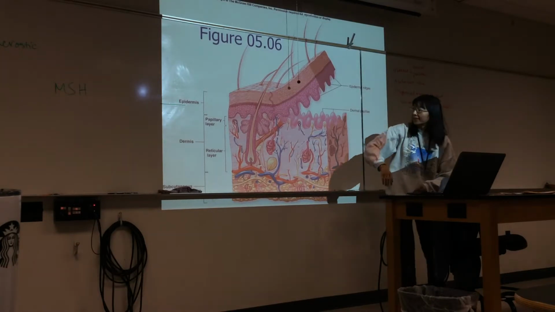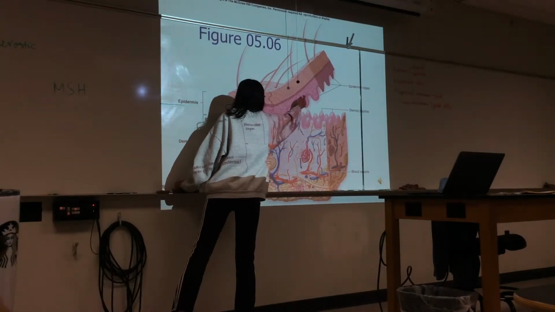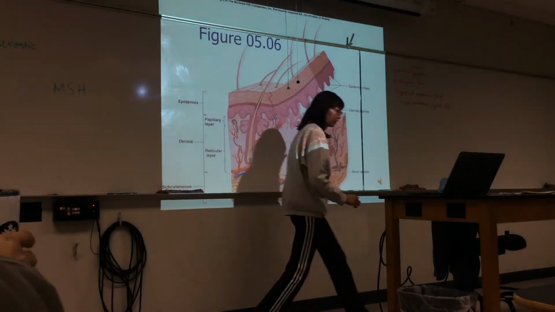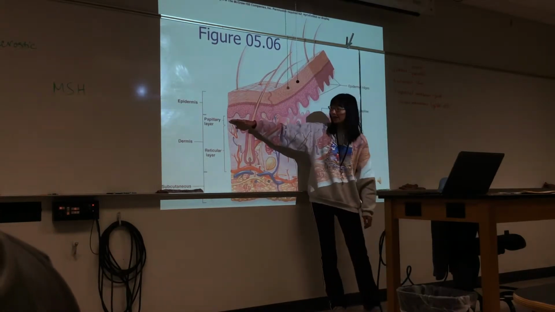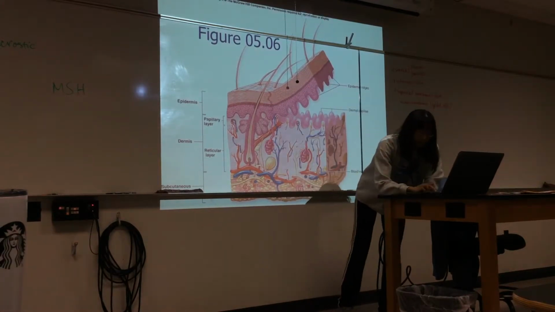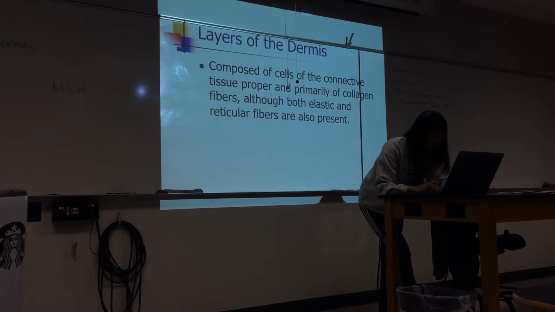That's why stratified squamous epithelium always have these funny up and down look. And remember, dermis has two layers. What layers? Papillary layer and reticular.